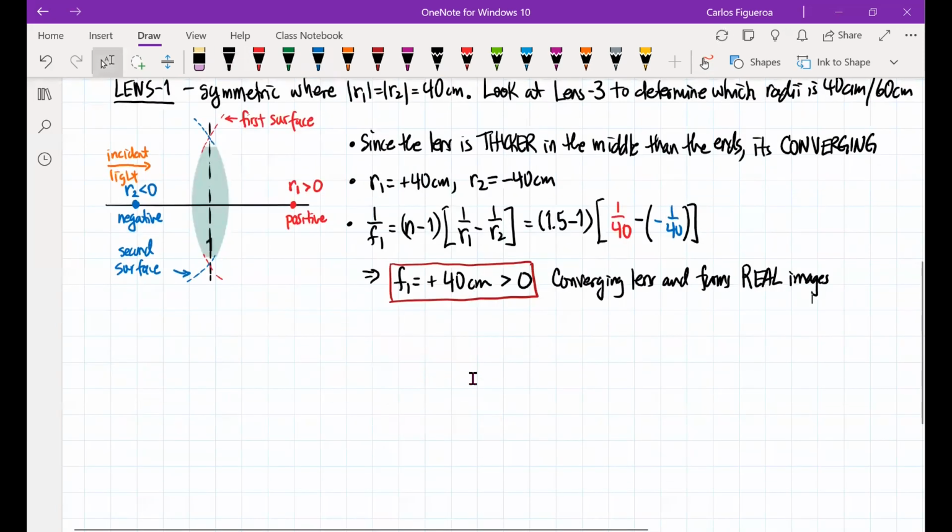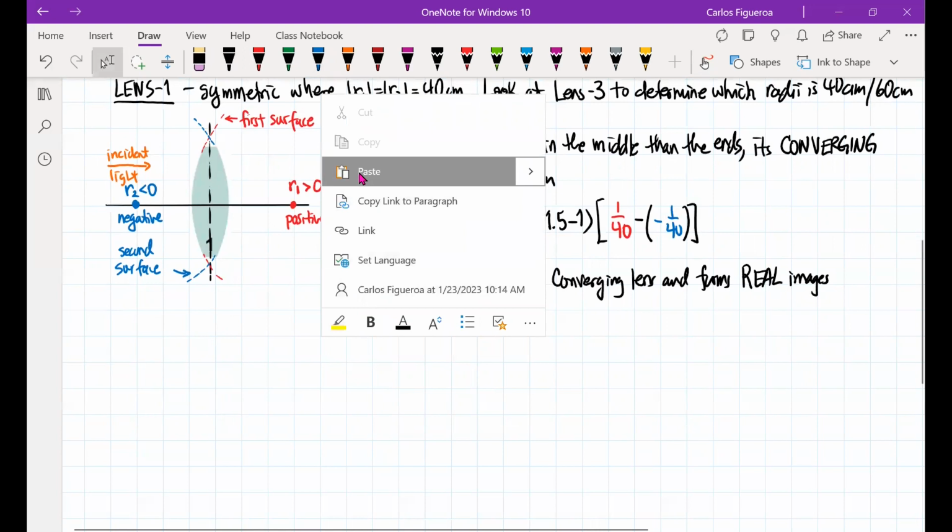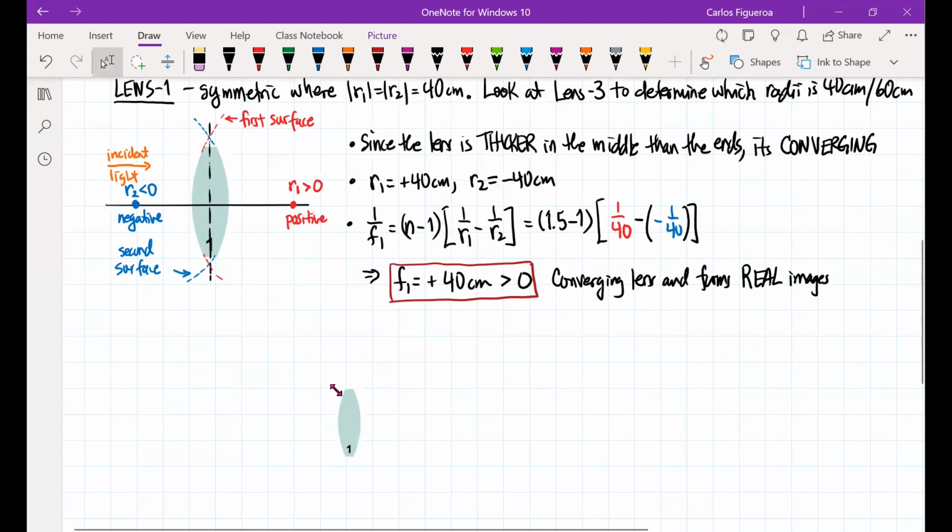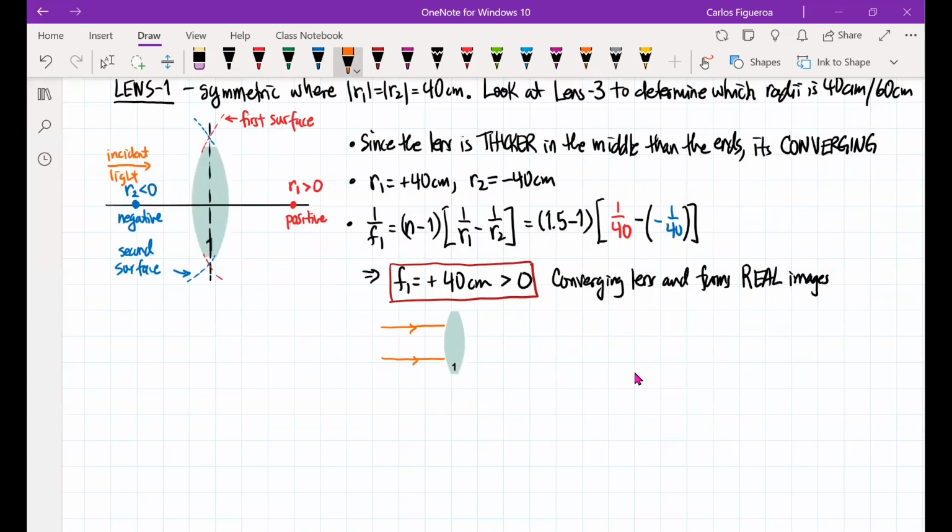So in other words, if I was to do a very quick ray diagram of the situation, it really says that if I have a ray that comes in like this, these rays are going to get refracted effectively if it's thin enough, and they're going to cross on the other side right here.